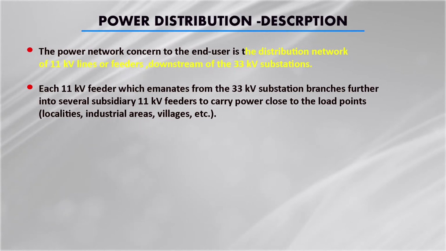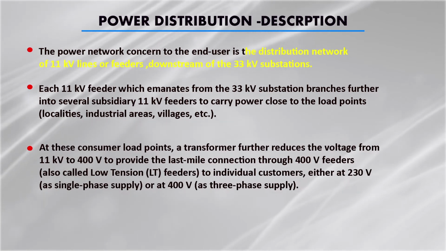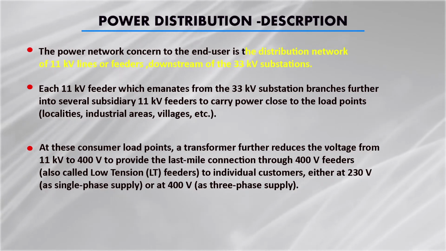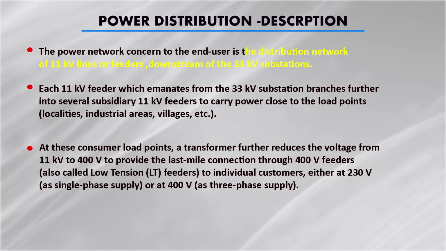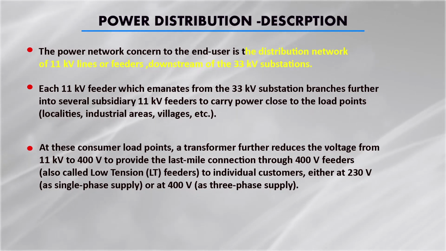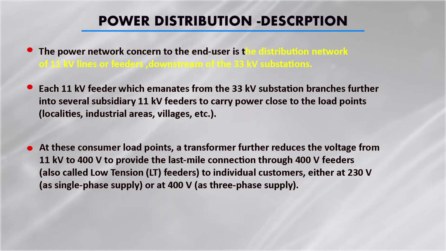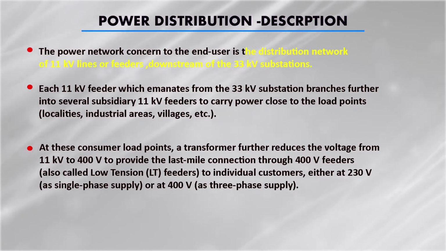At these load points, a transformer further reduces the voltage from 11 kV to 400 V. There are some consumers who want to utilize the power at 400 V, like household applications. We use the power as 230 volt single phase supply, or three phase supply can also be used for big consumers.